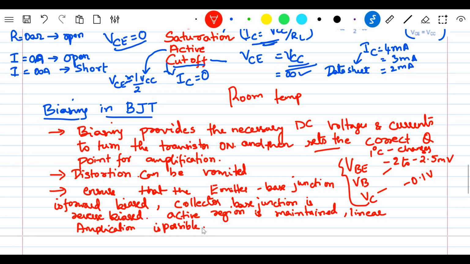Okay, fine. So what we learned till now is what saturation is, what the active region is, and what the cutoff region is in terms of transistor biasing. Biasing is done so that the transistor can remain in the active region for very good, linear amplification.